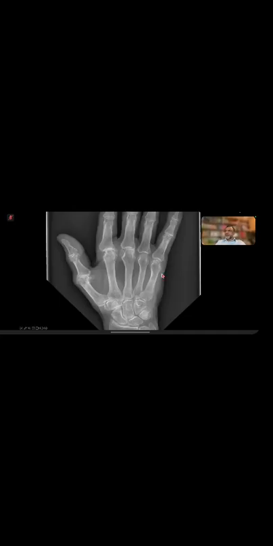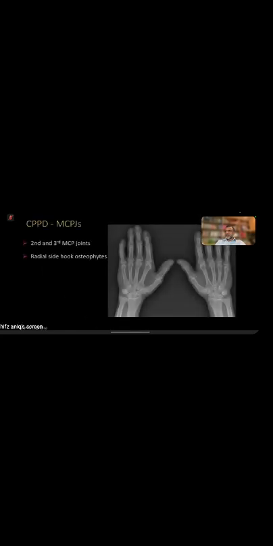Now moving on to metacarpals. We said that it can involve second and third joints, just like osteoarthritis. But look at that. What is this? Calcification in all the MCP joints. As I said, we usually do not see calcification in osteoarthritis. And most importantly, we see hook osteophytes on the radial side.